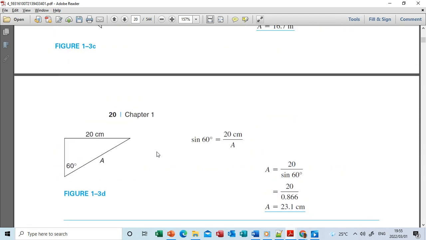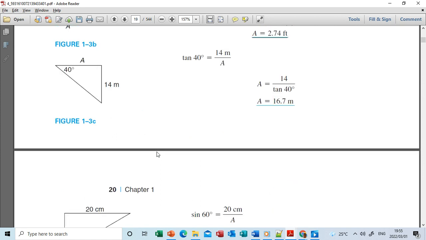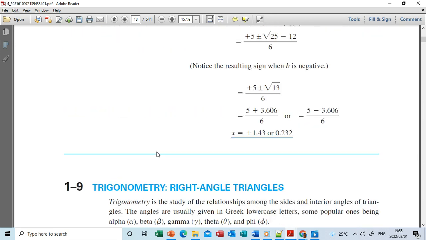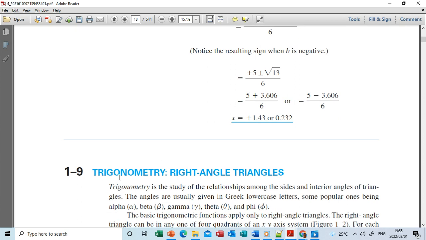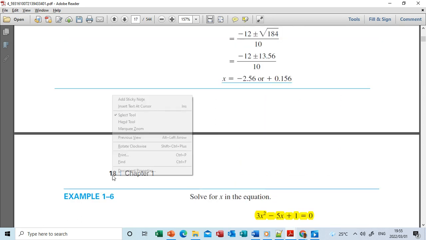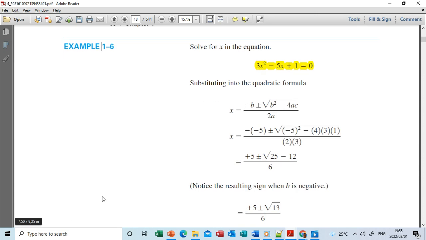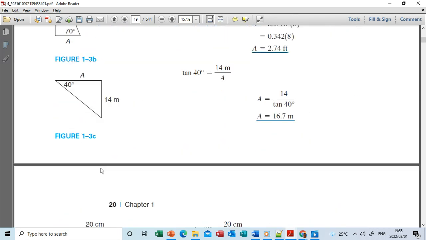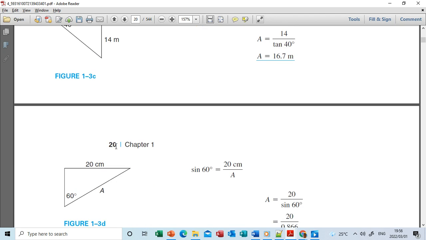Wait, which book are you using? I'm using the Keith Walker Applied Mechanics or something. Is it the same as this one? I think we have the same book. Does it have the blue thing there? Yes, it does, but my page 20 is this one. Do you see page 20? This must be very different books, because that's not the one I'm using.